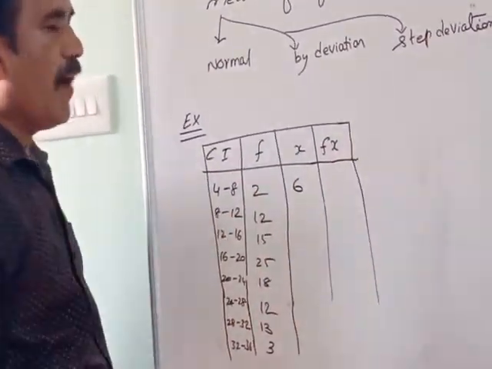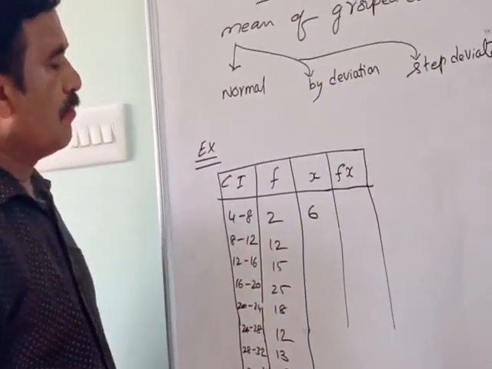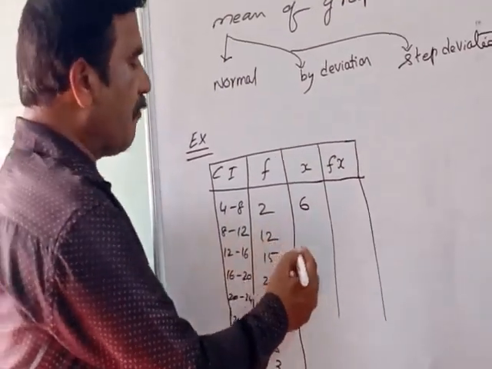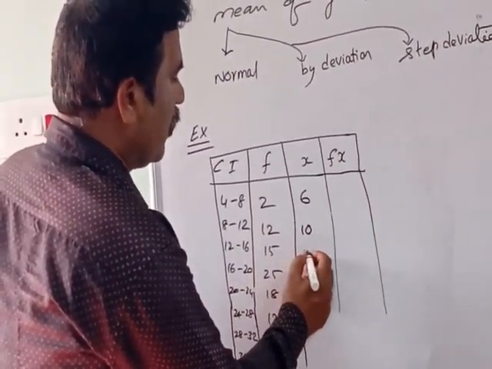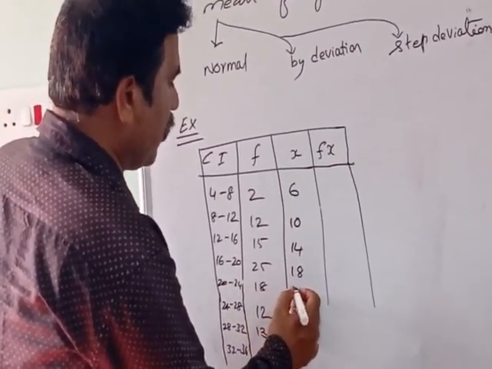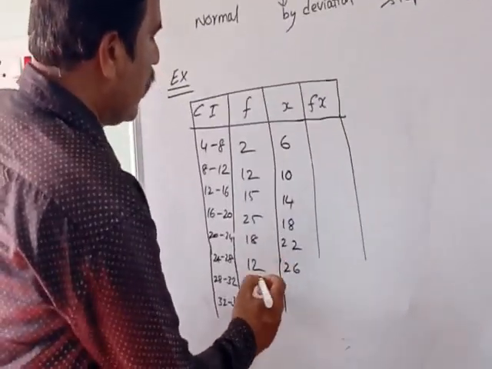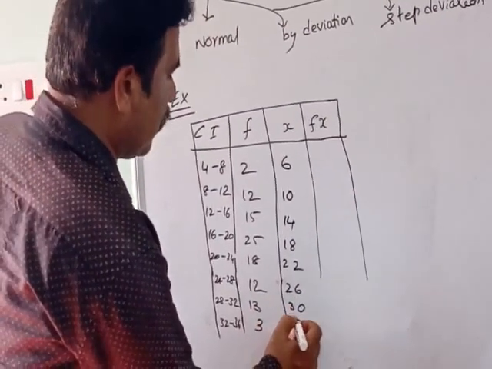After finding one value, the class size must be added to all. First it is 6, class size is 4, therefore add 4: 10, 14, 18, 22, 26, 30, 34.